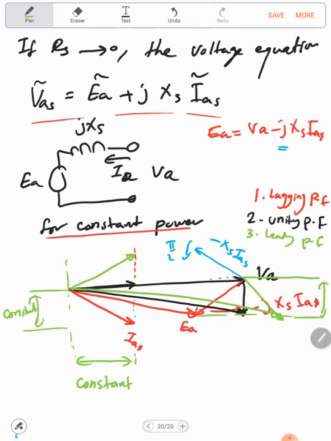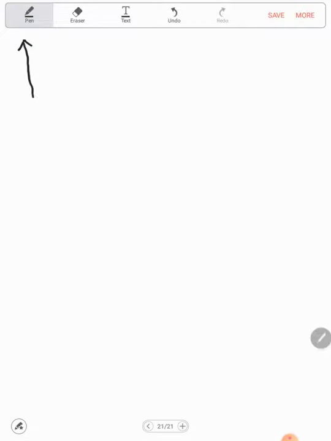So I think we should replot it here, and let's start with this is the IF, and this is the IA, and also here I can plot the power factor. Those are normalized. So simply for different IF we can achieve leading power factor, unity power factor, or lagging power factor.